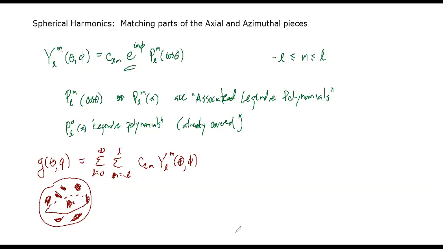It's kind of the Fourier series-like thing, but for spheres: there's a coefficient, and then there's a function. Because we have two variables, we have two indices, or quantum numbers, as we like to call them.